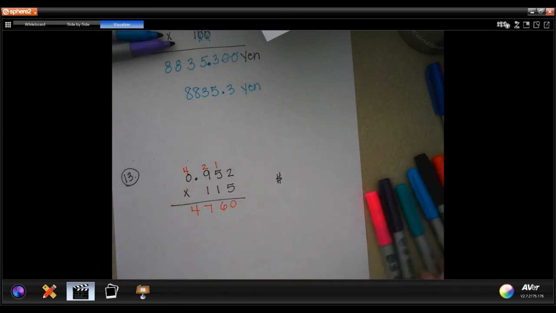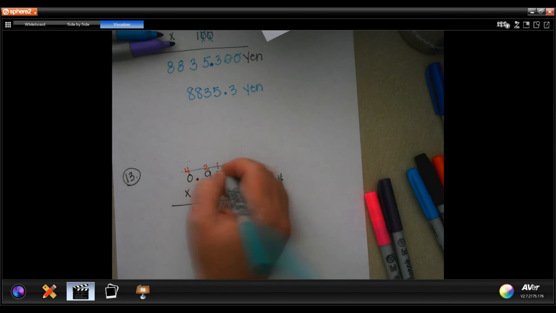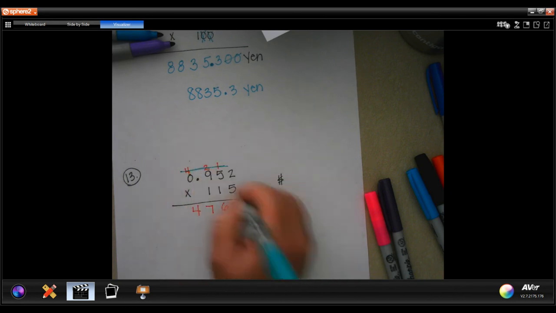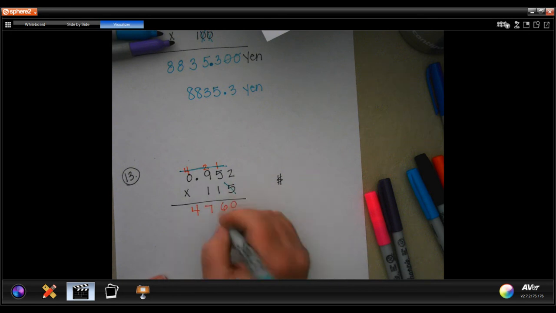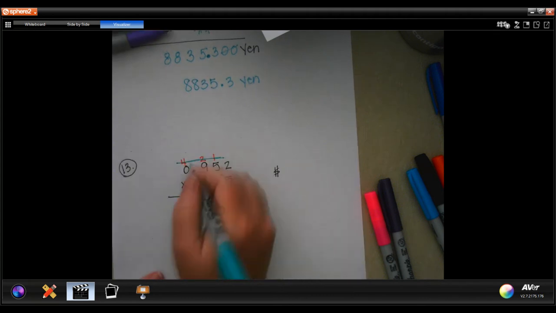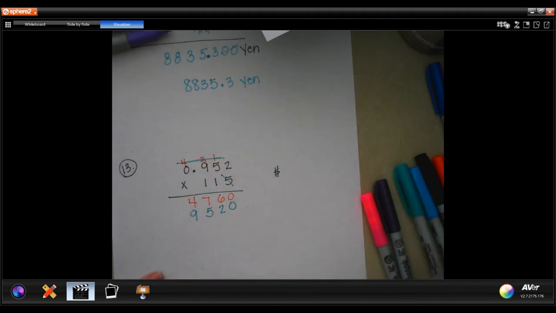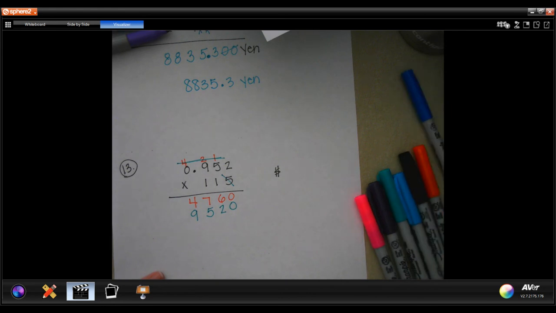Okay, grab another color. Tick, make that clear. Tack, toe. Okay, now I just have 1 times those numbers. So I'm going to put 2, 5, 9, and I don't have to put that 0. It's not important. Okay, but now I'm going to grab another color. Let's do purple.